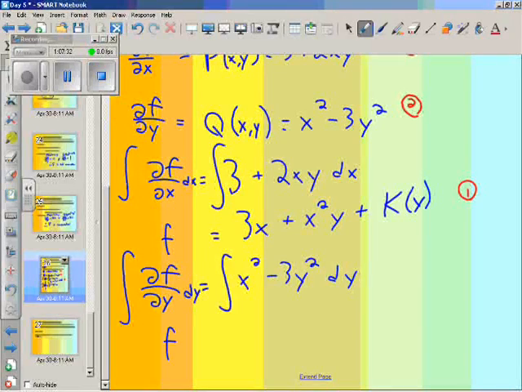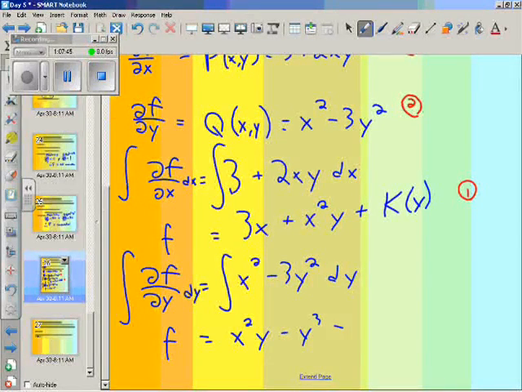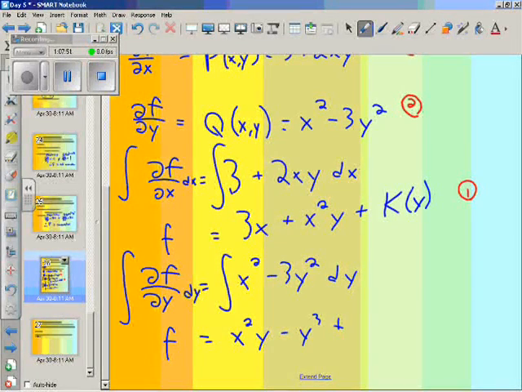So here we're still going to get just f, and we're going to get x squared y minus y cubed plus some function, we'll call this one g, that just depends on x.